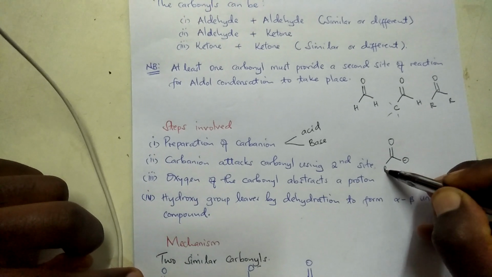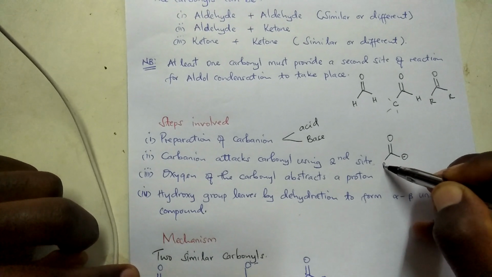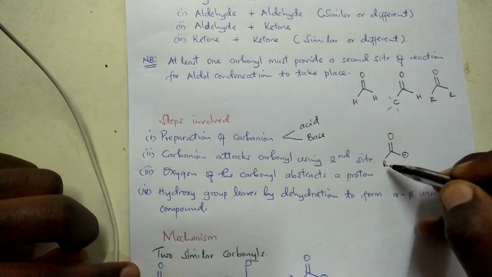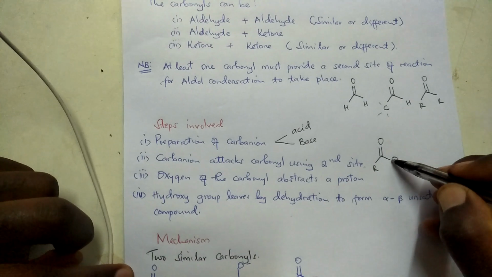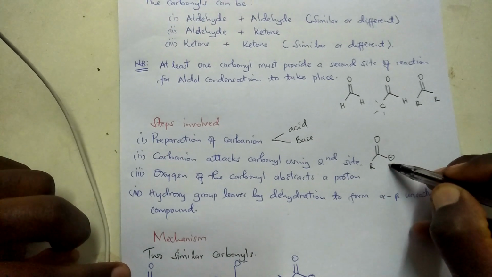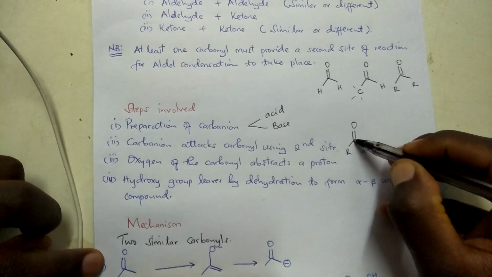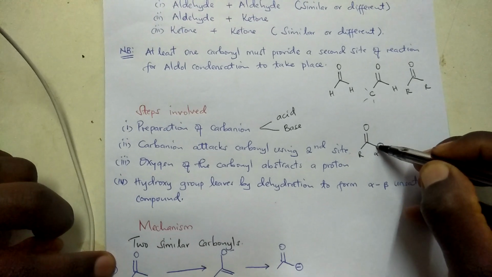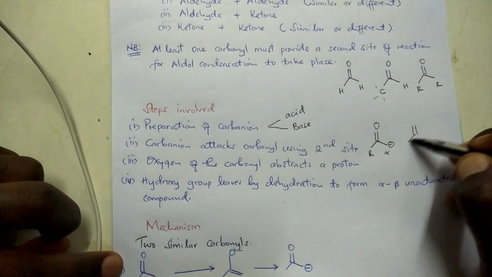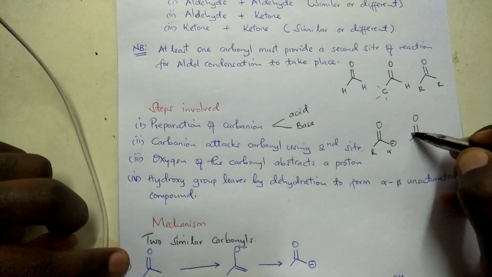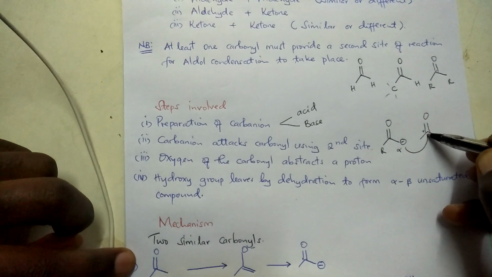So R can be either hydrogen, or it can be a long chain. So this site, the second site, is at the alpha position from the carbonyl carbon. It attacks the other carbonyl carbon at this position, like this.